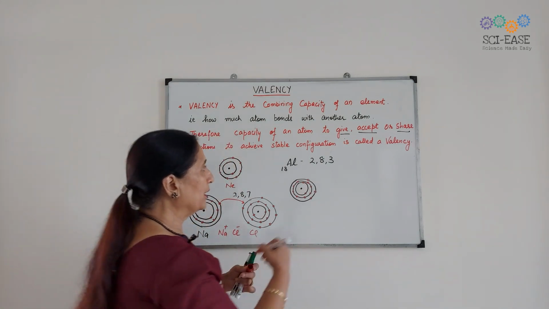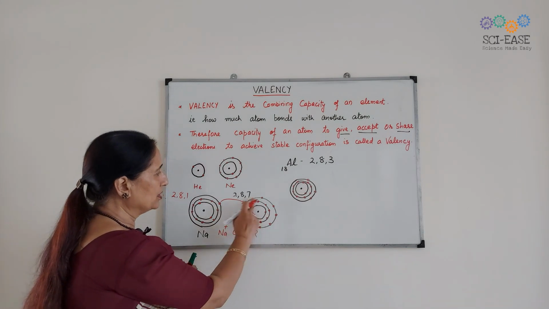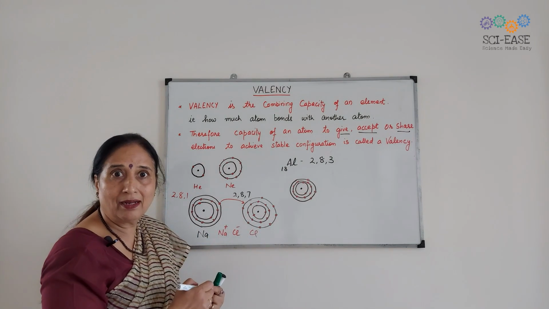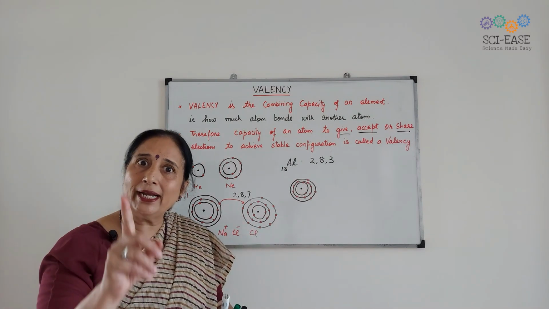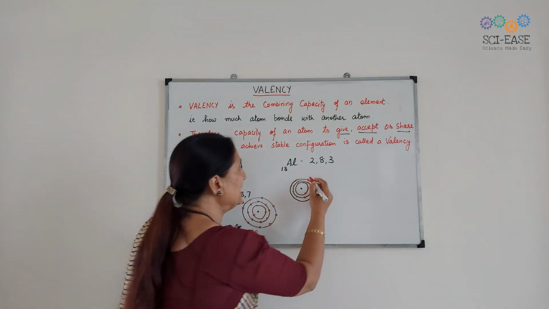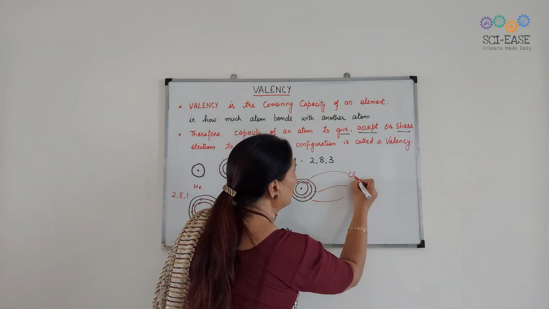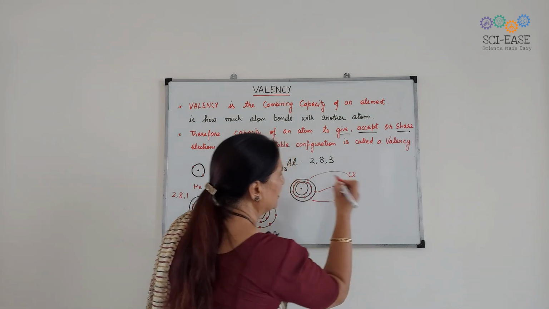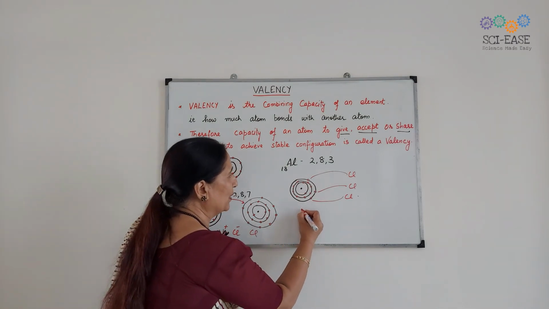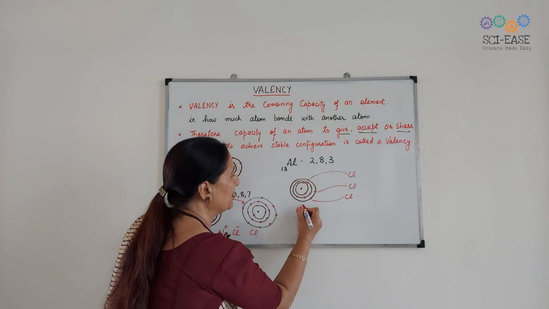Okay. Chlorine, you know that it has 7 electrons in its outermost shell. So it can accommodate only how many electrons? 1 electron. So these 3 electrons will be given to 3 chlorine atoms, and it will acquire Al3 positive.